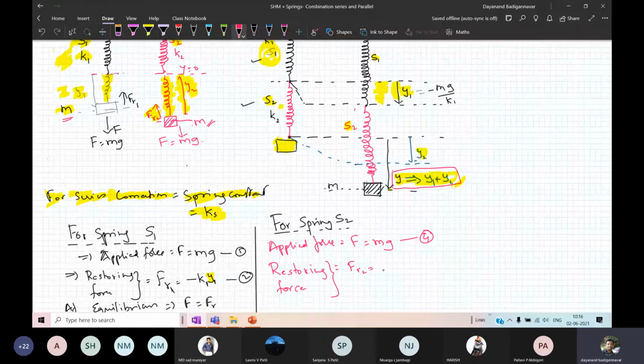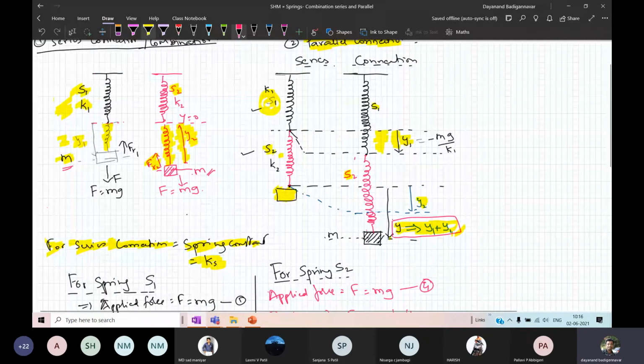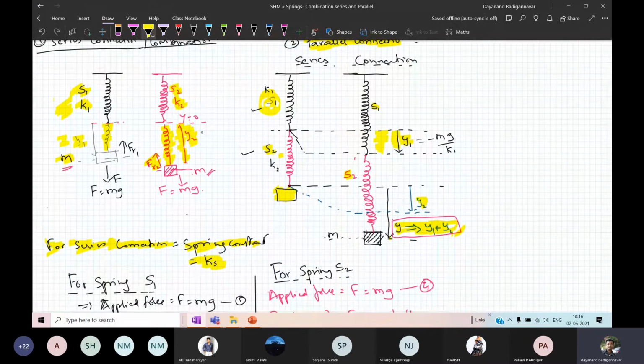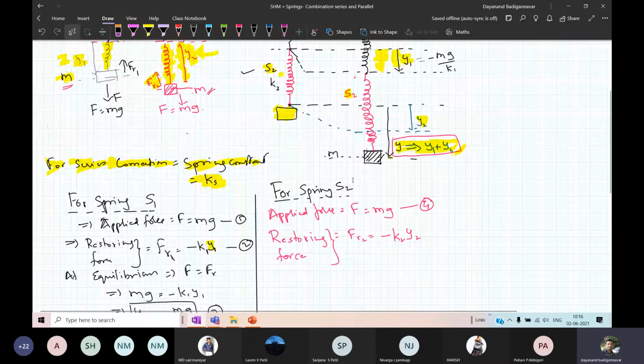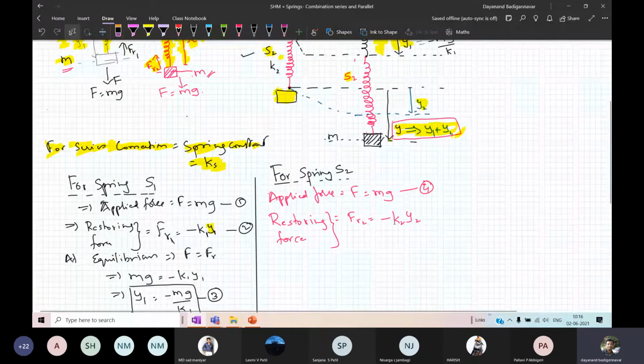Why? Because the second spring has a spring constant K2. And the displacement is Y2. This much is the displacement Y2. So the restoring force is nothing but minus of spring constant into displacement. The spring constant is K2 for the second spring and the displacement is Y2. Therefore, I have to write this as equation number 5.